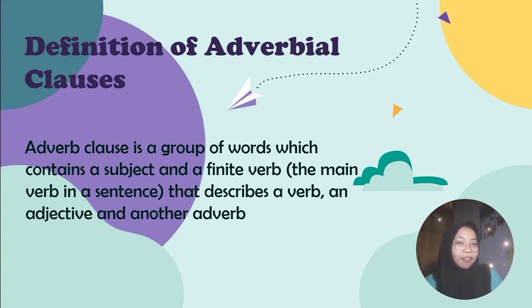My name is AFIFATUN NAFSIYAH. Here, I want to explain to you about adverbial clause. An adverbial clause is a dependent clause which functions as an adverb and provides information about verbs, adjectives, or adverbs that are in the independent clause, with the capacity to answer questions such as how, when, where, and why.